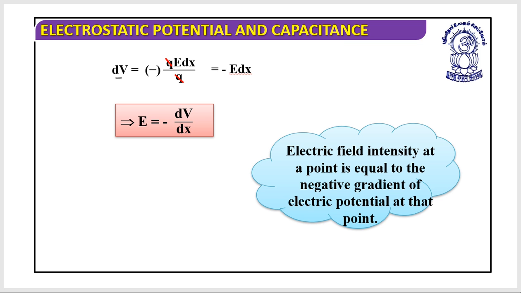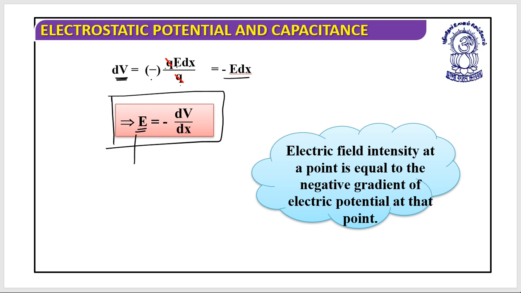So if I replace this, I get dV is equal to minus qE dx divided by q. This q and this q cancel out, and what I have is dV is equal to minus E dx. So E is equal to minus dV by dx.